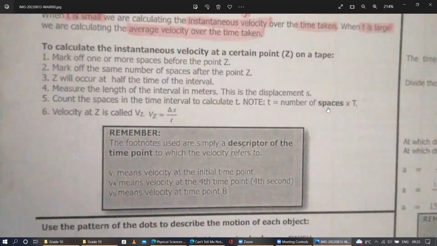As you go further and further, velocity you can just calculate right off your head. Let me ask my friend if this one has graphs, like the graphs of motion.